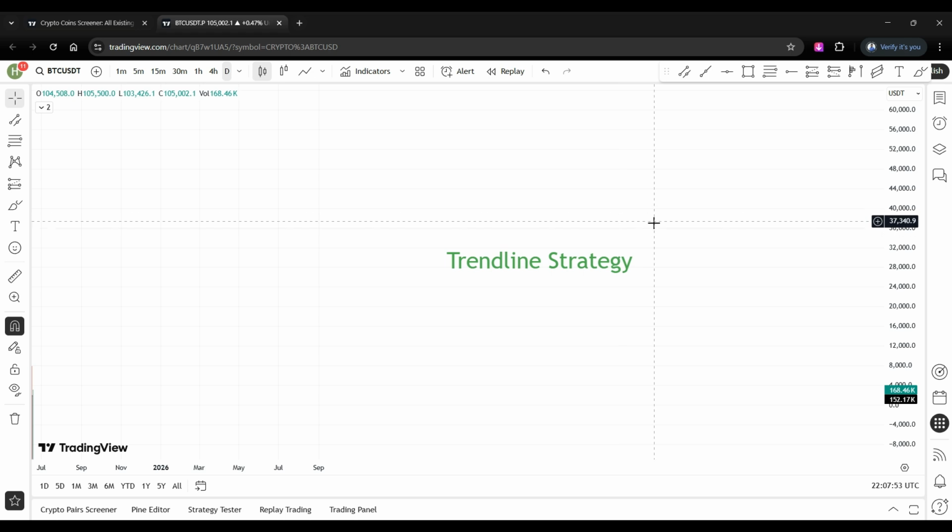We will confirm this trendline continuation or breakout with our own secret technique. Okay, so let's start.